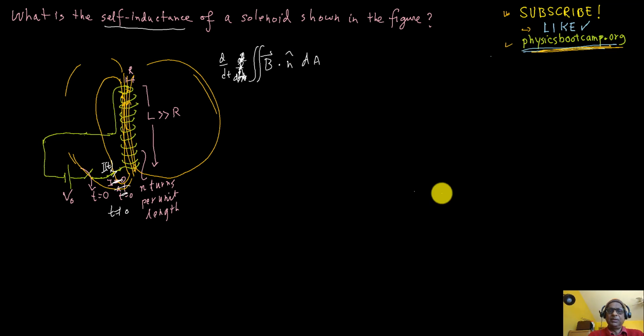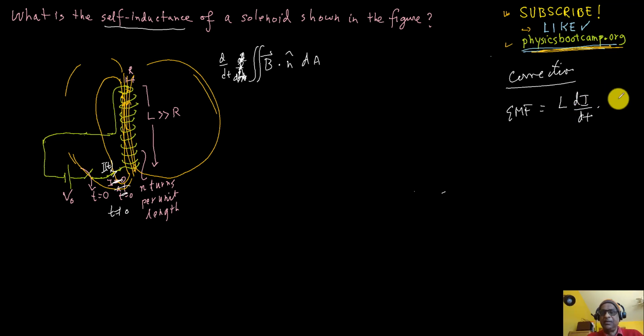I just realized there's a correction from a little earlier video. For the EMF, I wrote down Li, but actually it's L di/dt. This is the correction, because I just forgot about the d/dt when I was writing that down in my head.